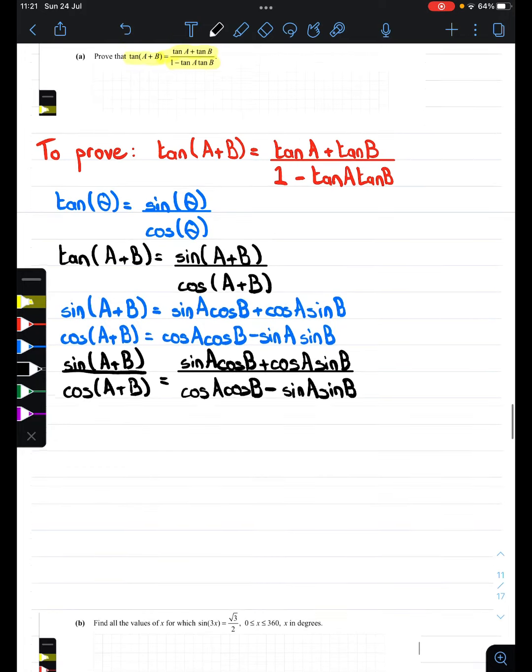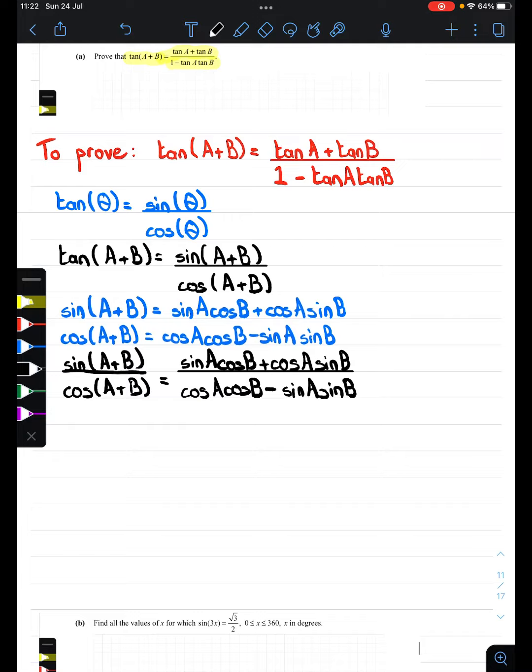So we want to go from what we have to what we have in the formula, and it looks somewhat similar. There are two terms on the top, two terms on the bottom, a term plus term, term minus term. How would we get what's on the top?